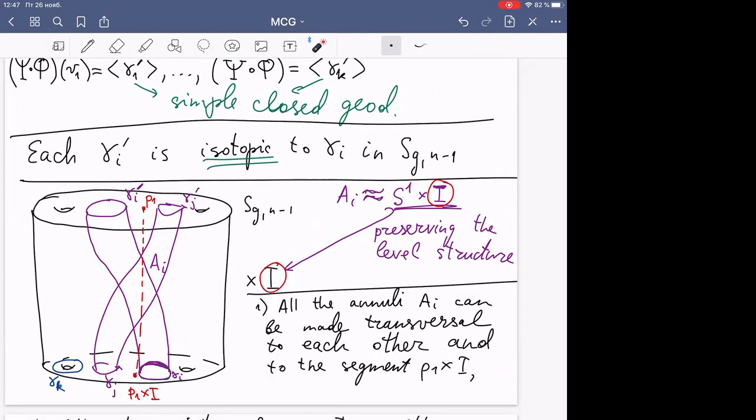Then the corresponding curves gamma_i and gamma_k just coincide in this case. And then the cylinders cannot be disjoint from each other, but the claim is that in this case, the cylinders can be made disjoint except for the final moment of time, except for t equals 1.